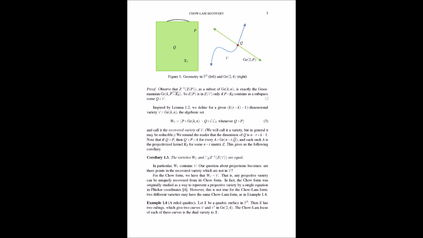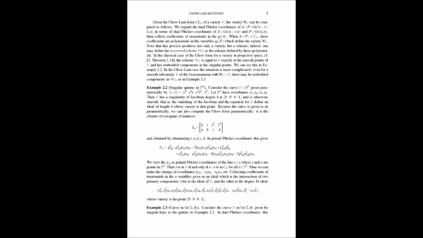That's pretty elegant, and I imagine this leads to some interesting consequences. It does. For example, it provides a nice criterion for when a space belongs to the recovered variety. Oh, so it helps us determine if a point is part of the reconstructed shape. Precisely.